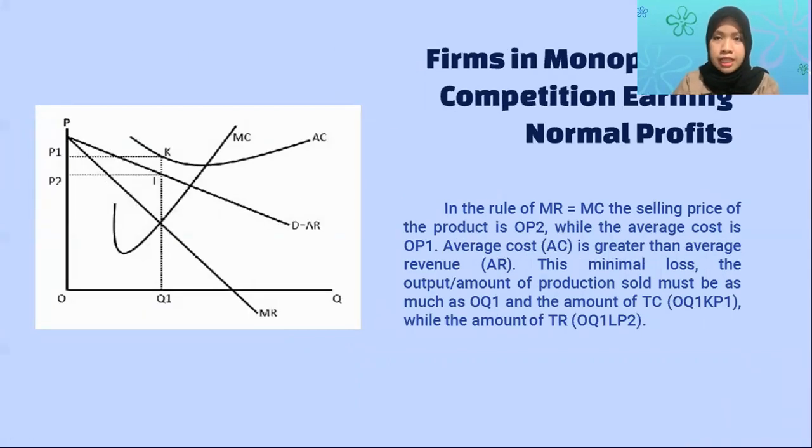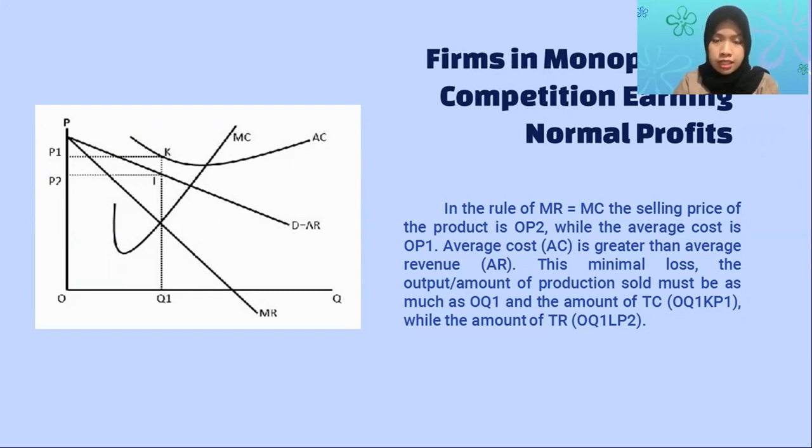Firm in monopolistic competition suffering a loss. In the rule of MR equals MC, the selling price of the product is 0P2, while the average cost is 0P1. Average cost AC is greater than average revenue AR.